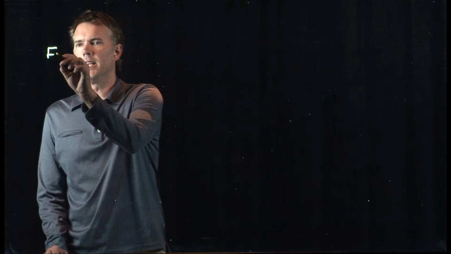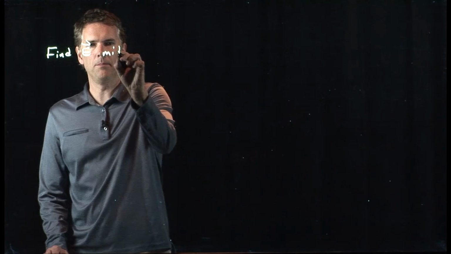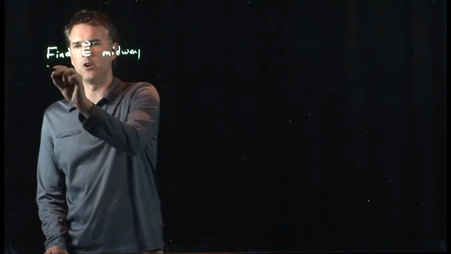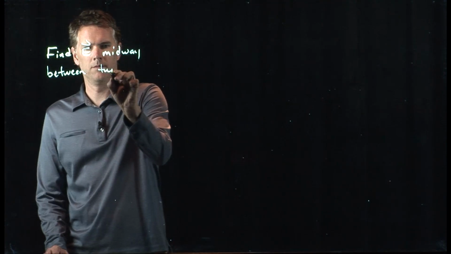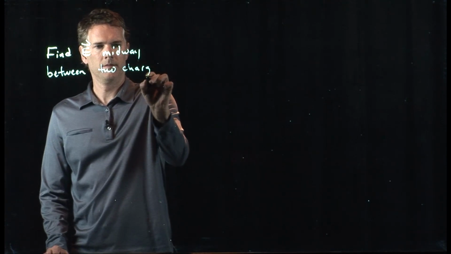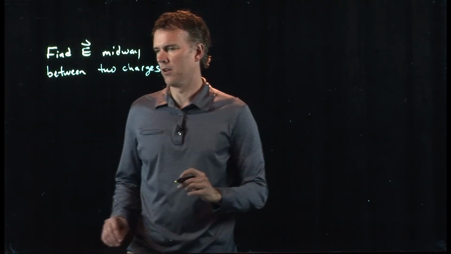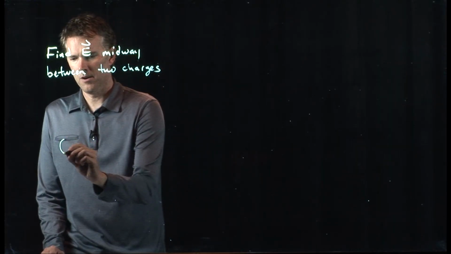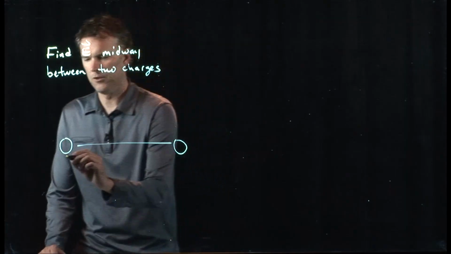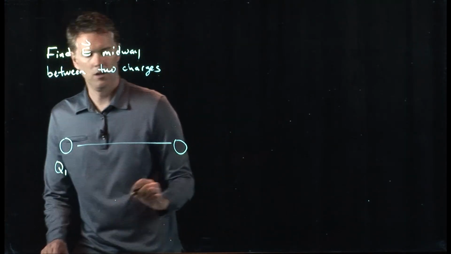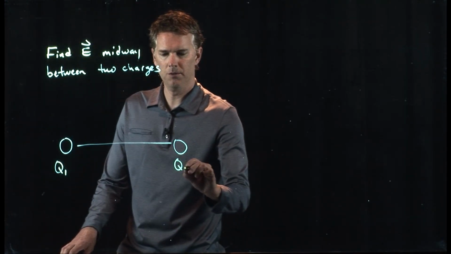And this is a problem where we have to find the net electric field midway between 2 charges. Okay, and let's give you some numbers here and a picture. This is charge Q1. This is charge Q2.